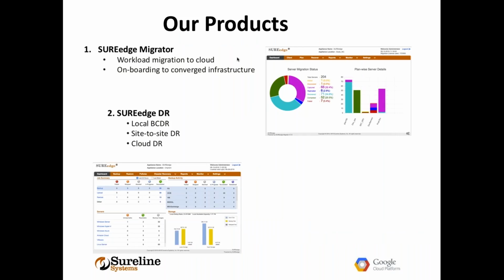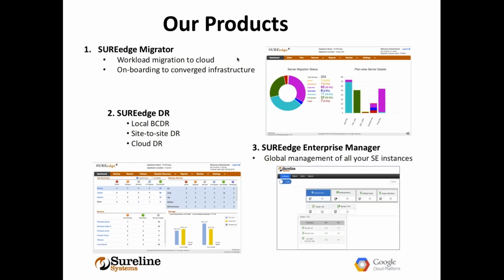Our DR product, called SureEdge DR, uses the same underlying technology to provide disaster recovery and business continuity solutions, either in a local virtualized environment, between two sites, or even using clouds as the DR target. And we have a SureEdge Enterprise Manager, which is a global manager for managing multiple SureEdge instances. This gives you a global view and centralizes the policies and management of migration and DR instances that you have.